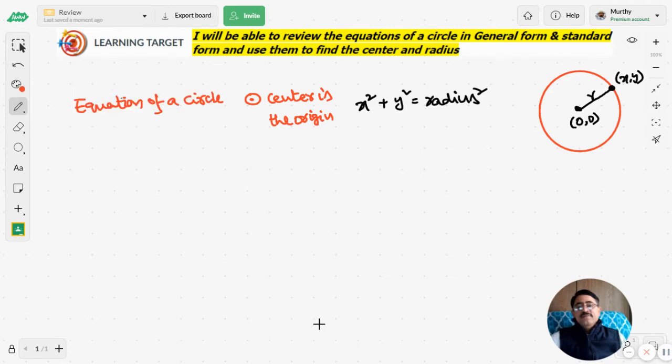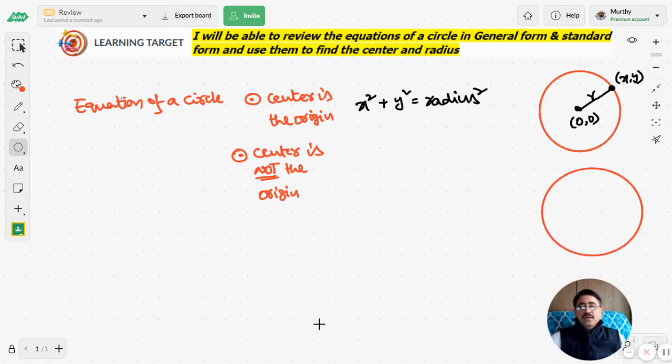And the second one is if the center is not the origin. So let me quickly draw another circle. Let's say this is the center and it's not the origin.